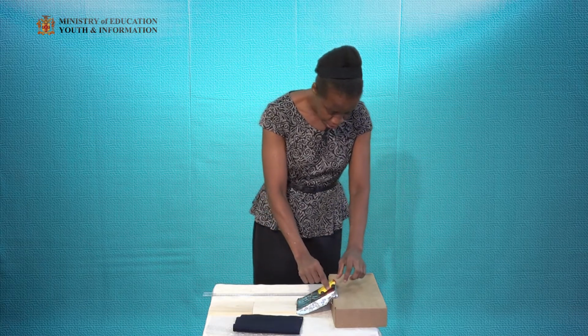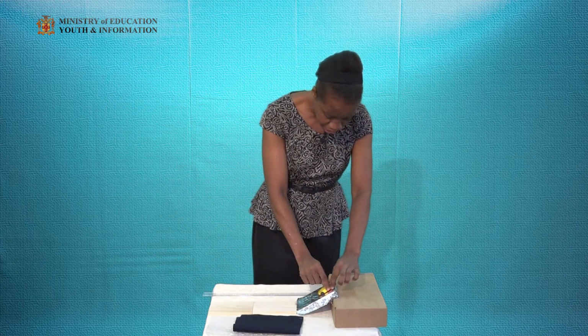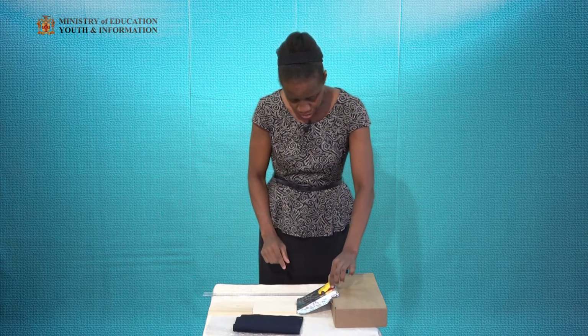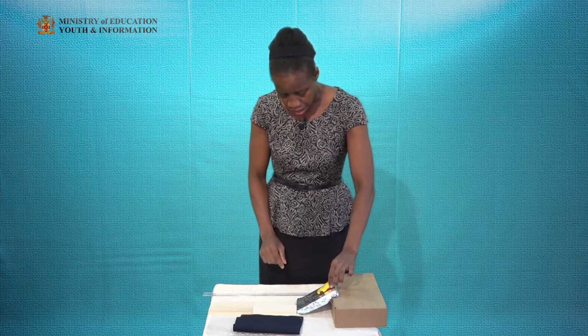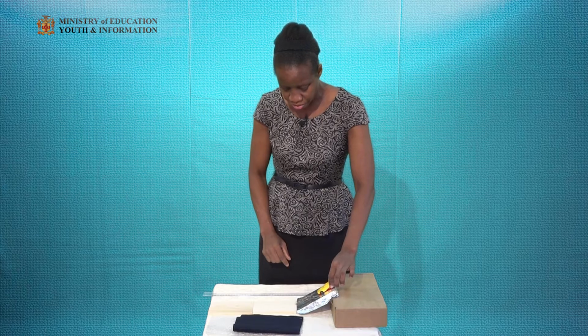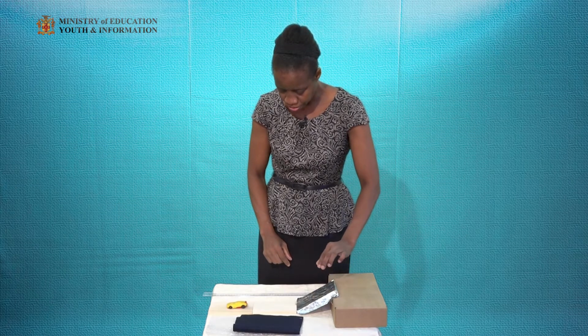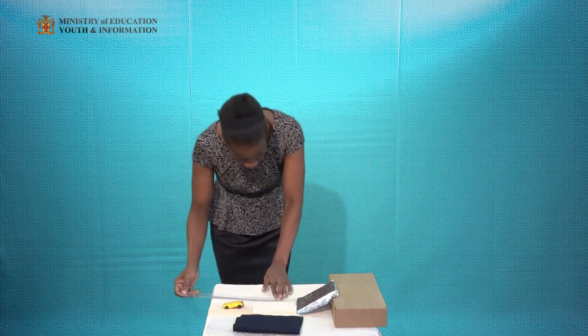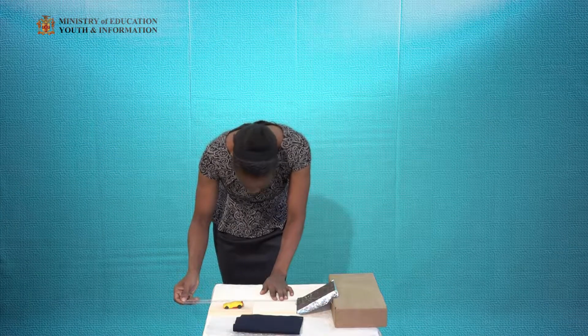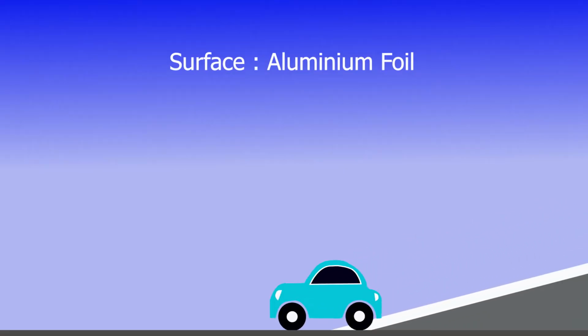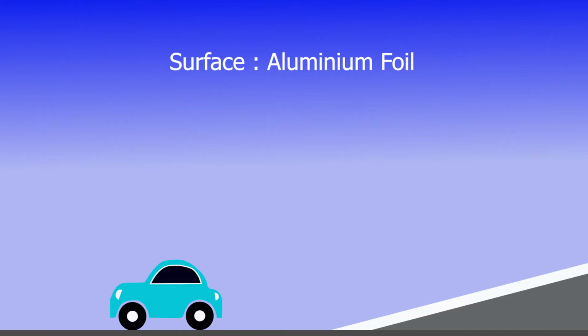All right, and we want to ensure that we start at the same point each time and use about the same amount of force to release it. Okay, so we're going to measure that distance, right? All right, just to ensure that we have the same point.